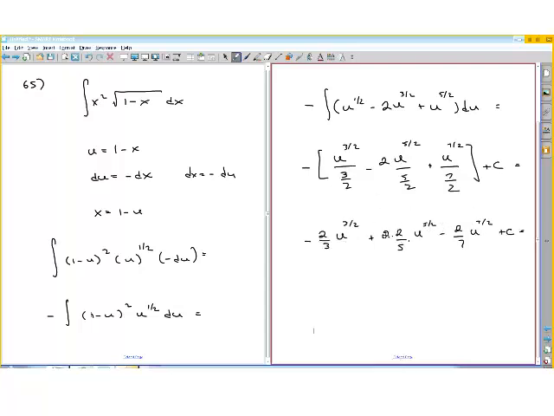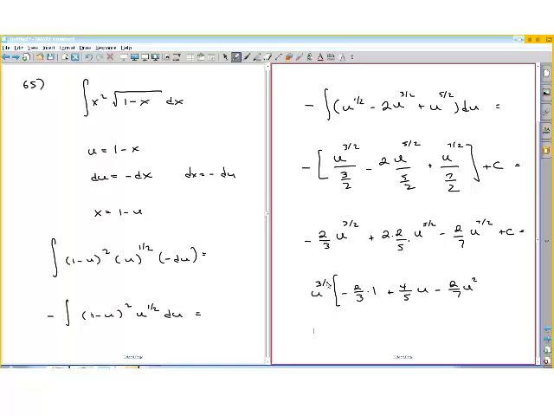Now I could substitute u in right now, using 1 minus x, but one thing you can do is factor out u to the 3/2. What that will leave is negative 2/3 times 1, that's all negative 2/3. When you factor out 3/2 from 5/2, you're just left with u, so we get plus 4/5 u minus 2/7 u squared.